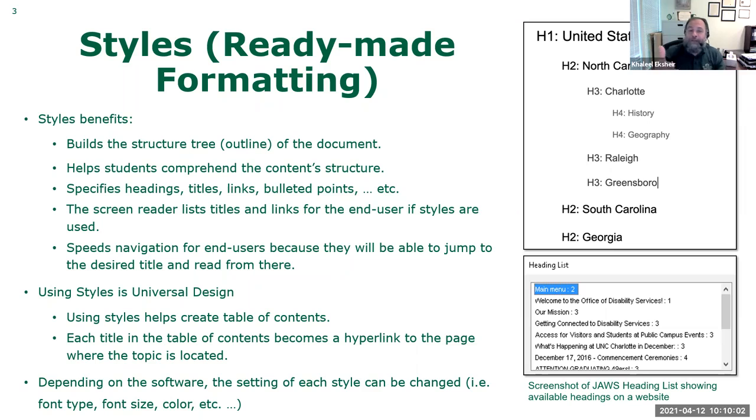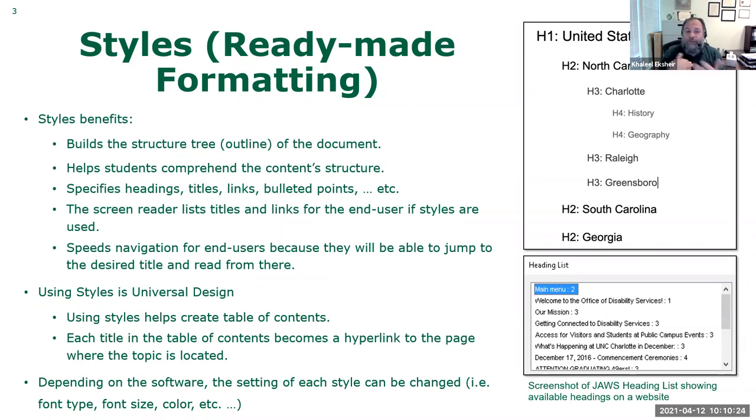To do that, you have to specify what is a heading and what is a link. This way they can have a list of headings and listen to them one by one, or jump to a specific heading, press enter, and start listening to whatever is beneath that heading. This is how it becomes accessible.